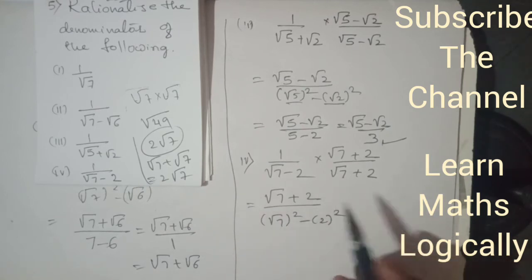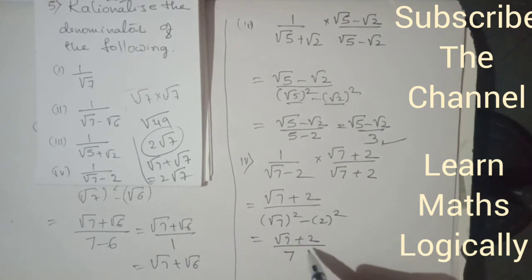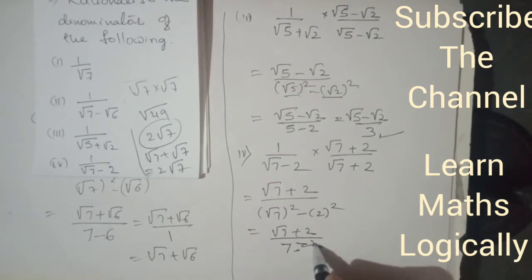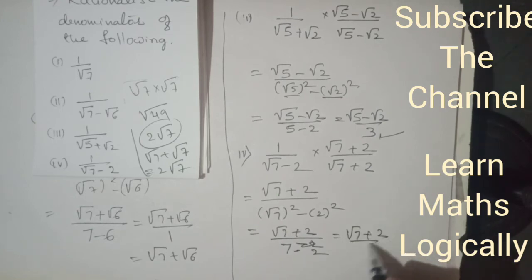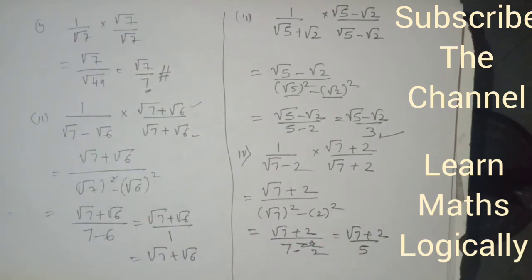Very simple, same step: root 7 plus 2 divided by 7 minus 4, which is 7 minus 2... so this is equal to root 7 plus 2 upon 5. So these are the four sums which have the same steps, which you follow in all the sums.